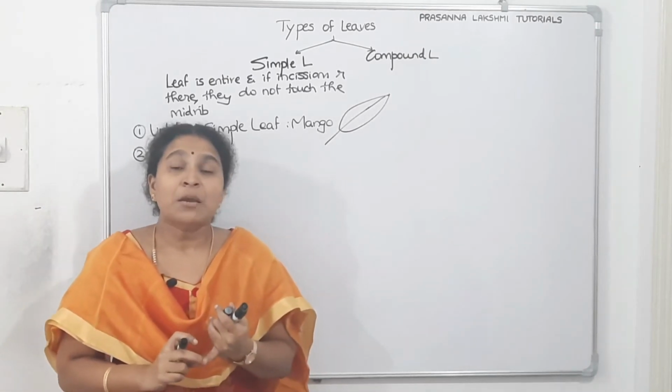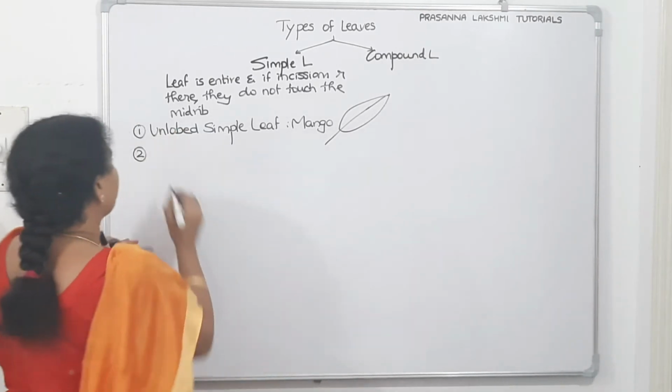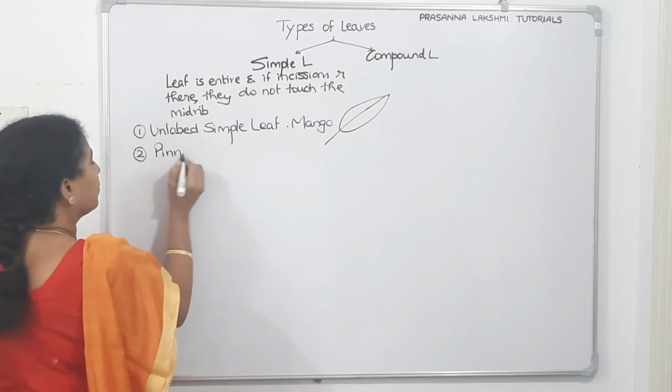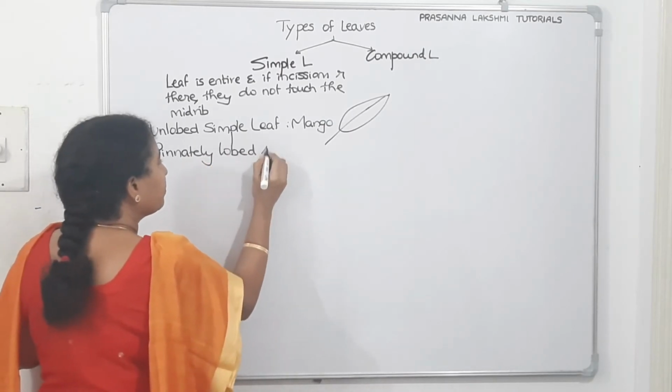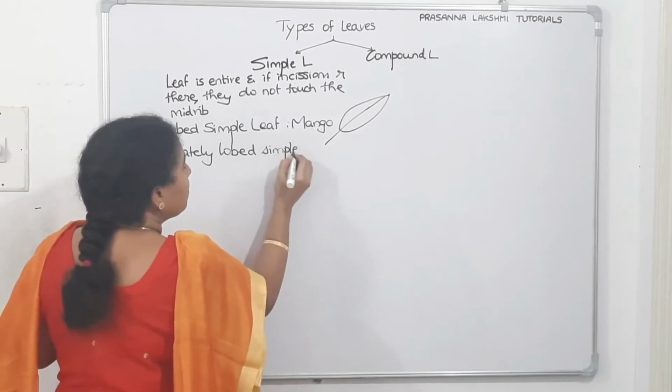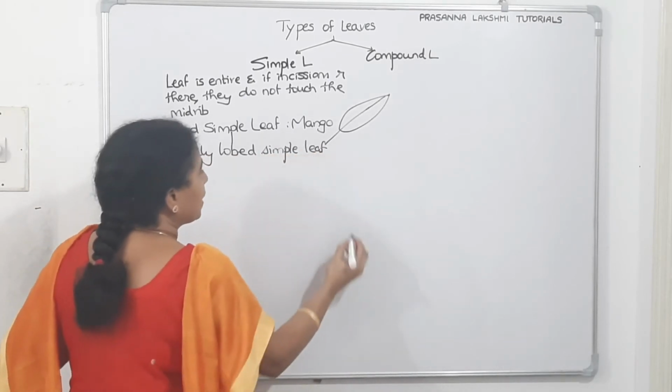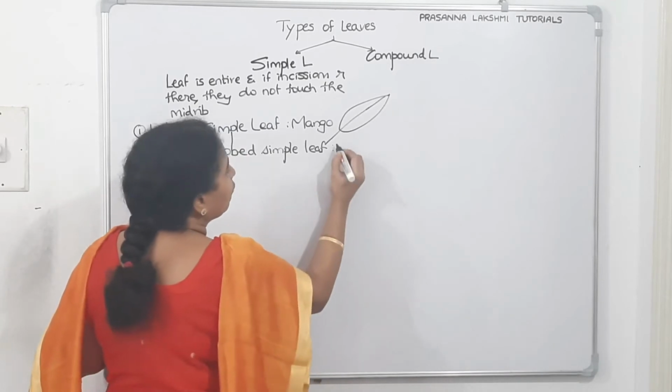The first one is unlobed simple leaf. The second type is pinnately lobed simple leaf. Pinnately lobed simple leaf means lobes are there. Now we can take the example of brassica here.